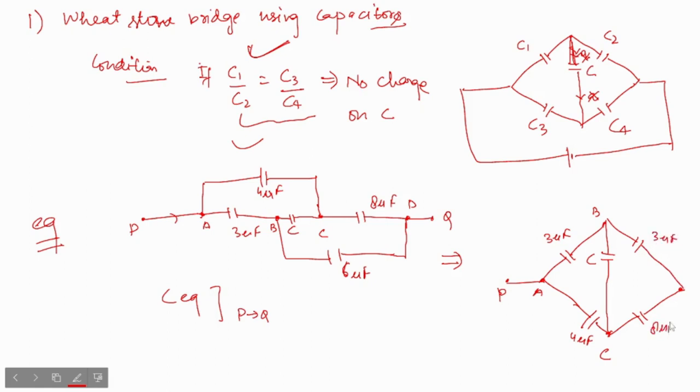This 8 microfarad, and this point is actually Q. This point is D, or you can say D and Q both are same. This is the point C, this is the point B.